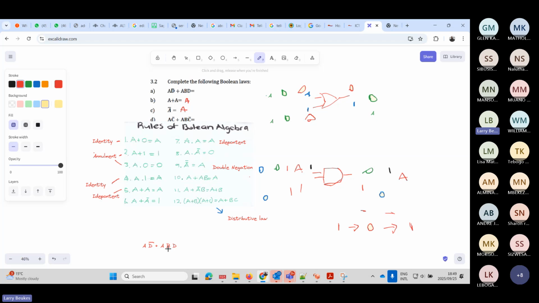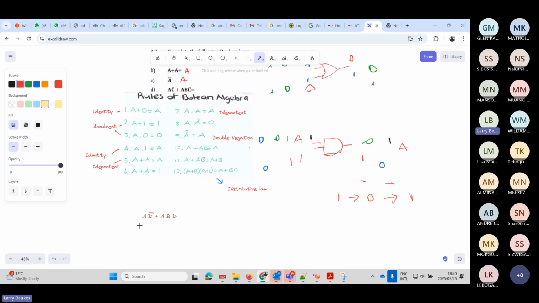Anyone else with something here? Anyone else? I see a small trick, but please say something if you can see something here, because the one that's naked to the eye is basically just taking an A. For example, A, then you have D, right?